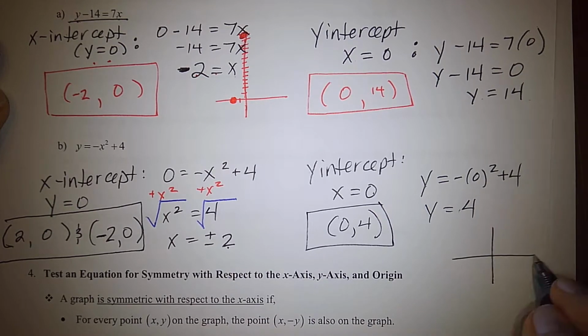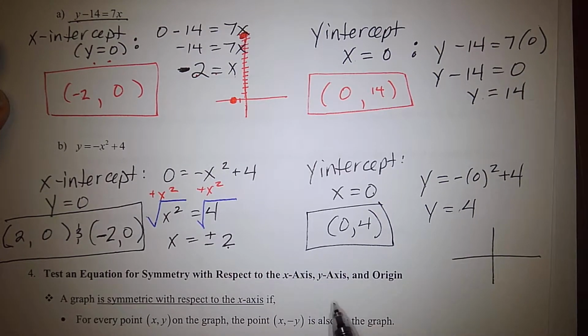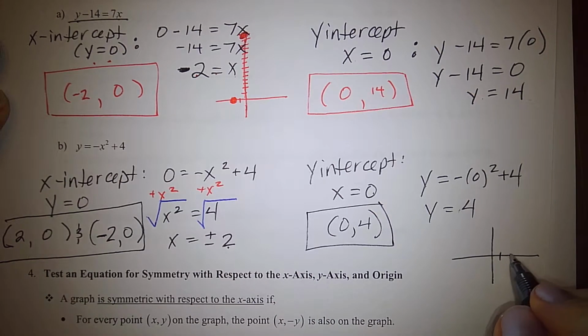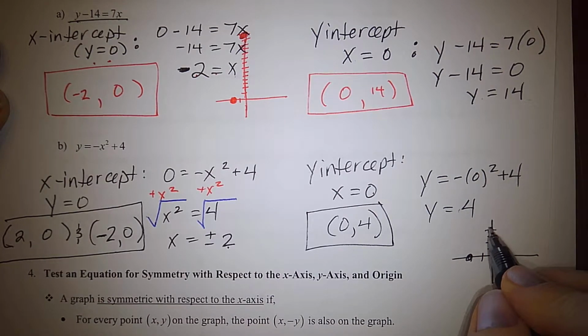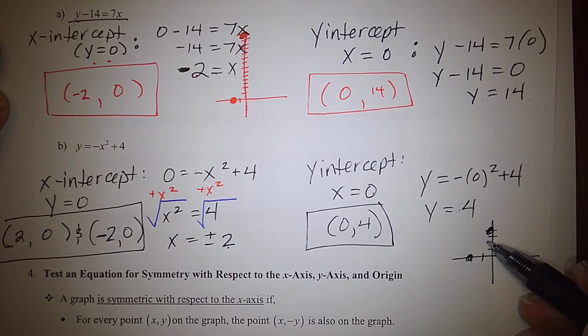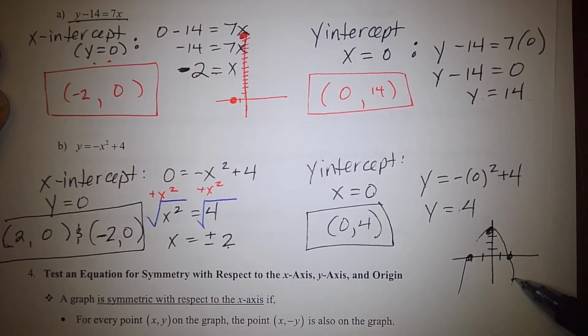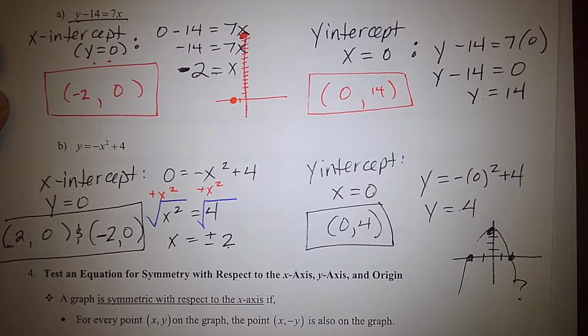So as a little mini sketch, this is going to look like x-intercepts at 2, 0 and -2, 0, and a y-intercept at 0, 4. So this very well could be an upside down parabola. I'm not sure. Again, we'll learn tips on how to connect those together, but for now I do know those intercepts. The intercepts are probably the most integral part of a graph.